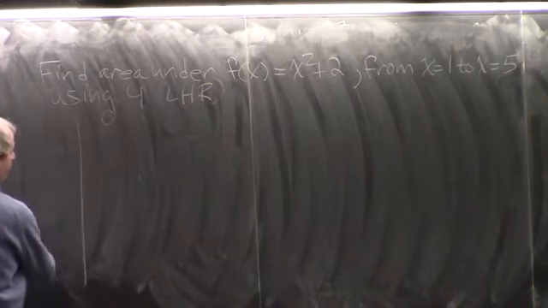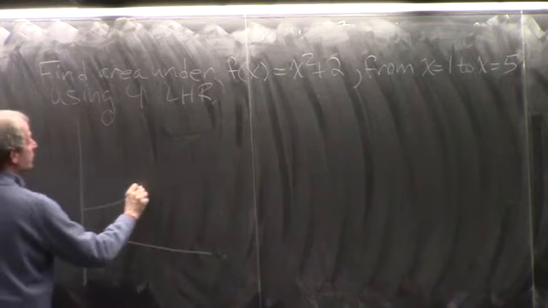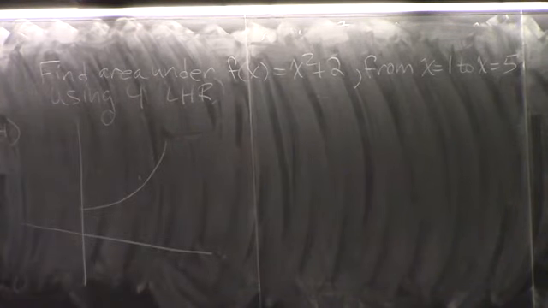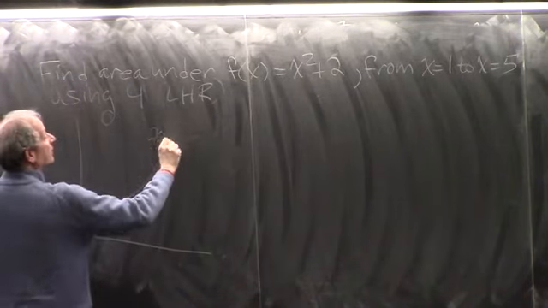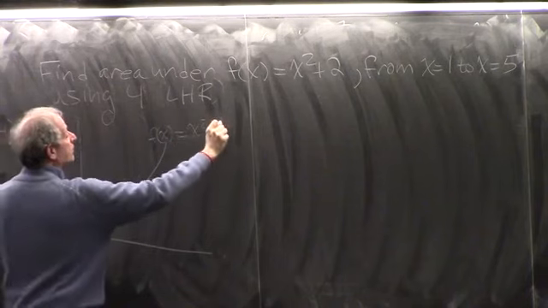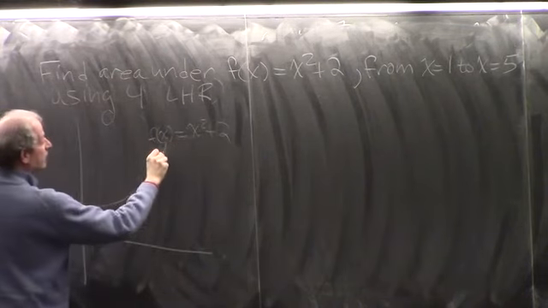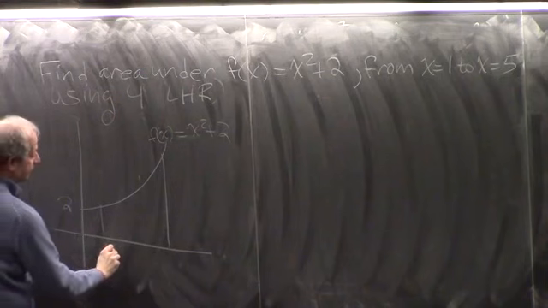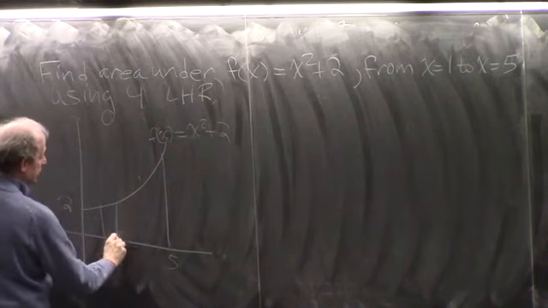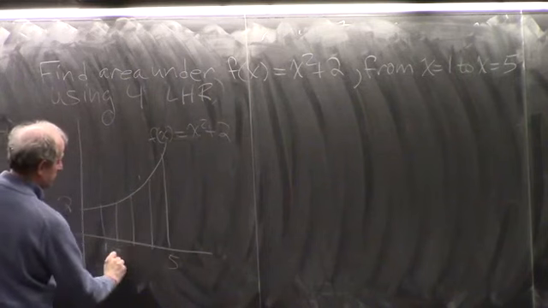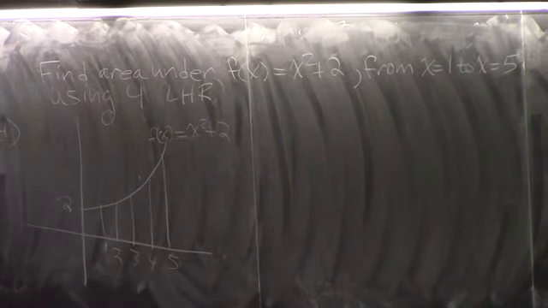So, x squared plus 2 kind of looks like that, where this is 2, and this is the curve, f of x equals x squared plus 2, and then we go from here to there. And I'm going to do 4 rectangles. So, 2, 3, there's 4 rectangles.